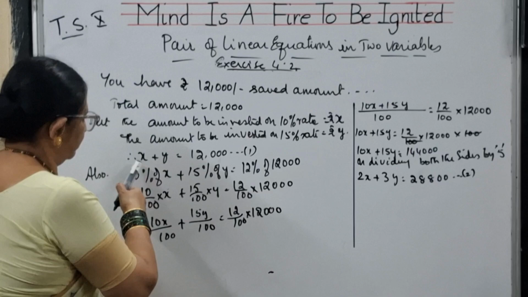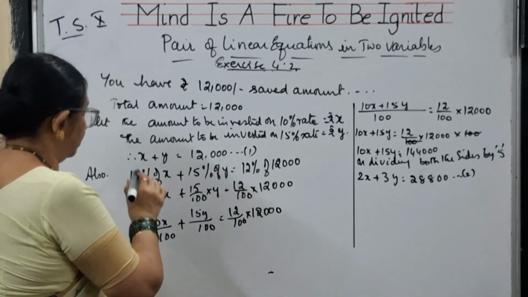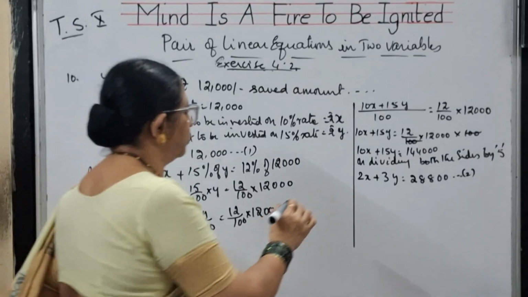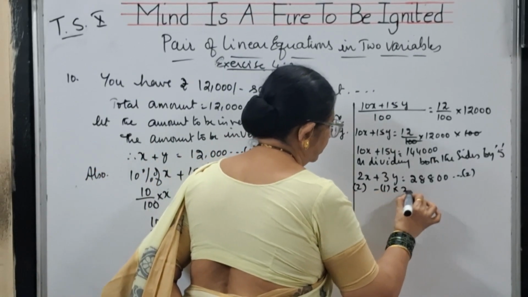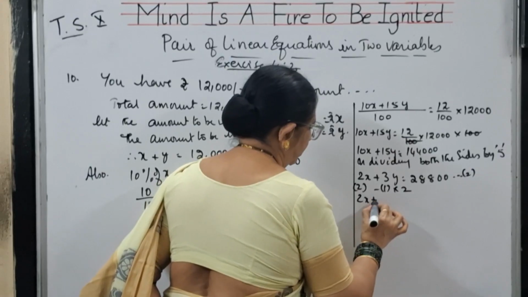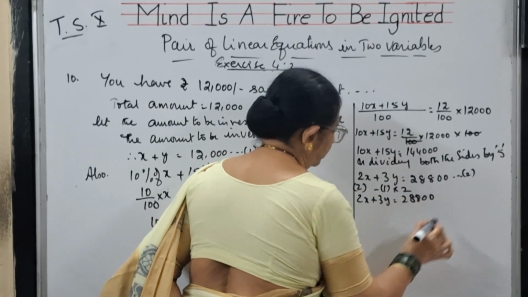Now the first equation is this. So let me take the second equation minus the first equation into 2. 2x plus 3y is equal to 28,800.